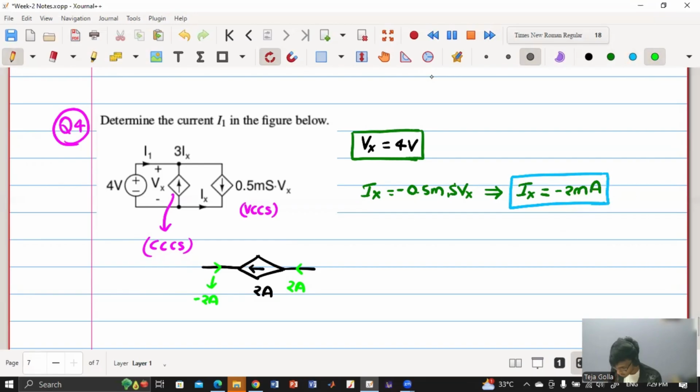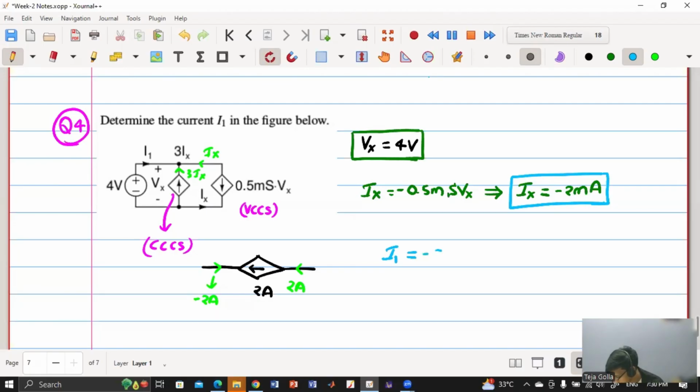Okay, so now what is the value of I1? This is 3Ix and this is Ix. Agree? So this current is 3Ix and this current is Ix. Agree? Yes, sir. Now can you tell me what is the value of I1 in terms of Ix and 3Ix? Minus 8 milliamps. No, in terms of Ix I want.